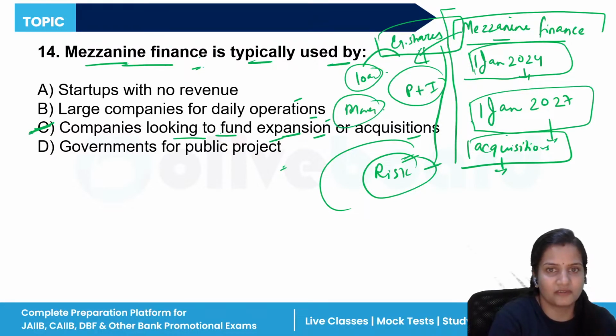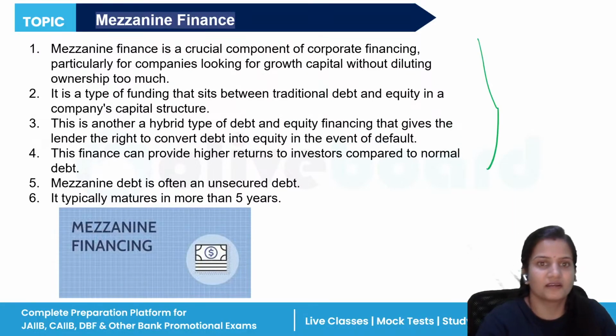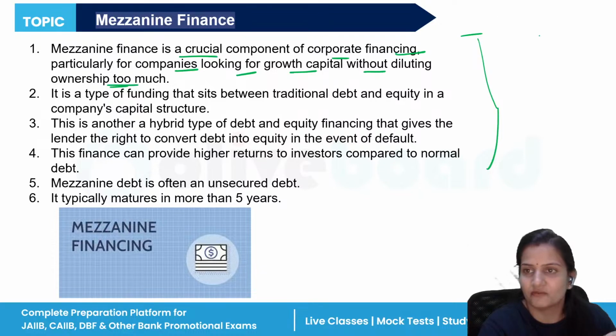So that is why mezzanine finance is used for expansion, acquisition or merger purposes. It is again a crucial concept of corporate financing, which looks for growth capital without diluting ownership too much. The one who has defaulted will not get as much ownership as the existing shareholders have. Clear?